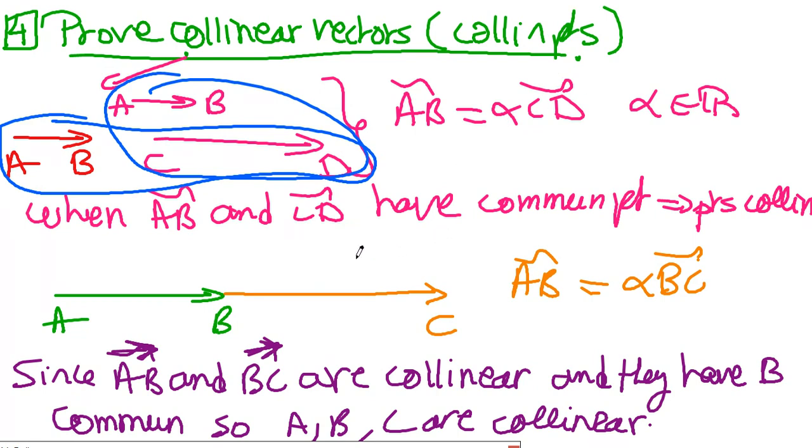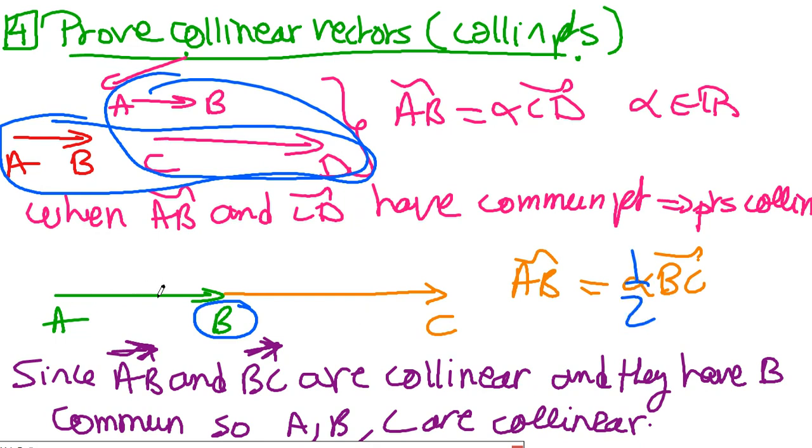But this property of collinear vectors also helps me sometimes to prove collinear points. Because if two vectors are collinear, it means they are either parallel or on the same line. But if those vectors have a common point, they cannot be parallel. For example, here AB is equal, let's say, to half BC in this figure.